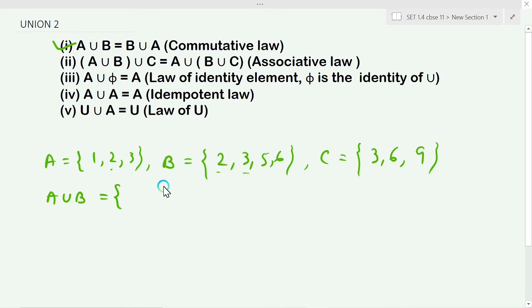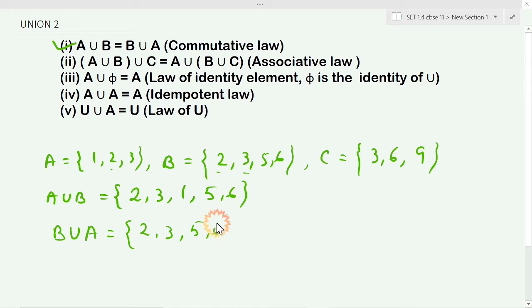So you write 2 and 3 first, then the other elements, that is 1 for A and 5, 6 for B. Now if you calculate B union A, you first write the common elements of B and A, that is 2 and 3, then the other elements of B, that is 5 and 6, and the other element of A, that is 1.